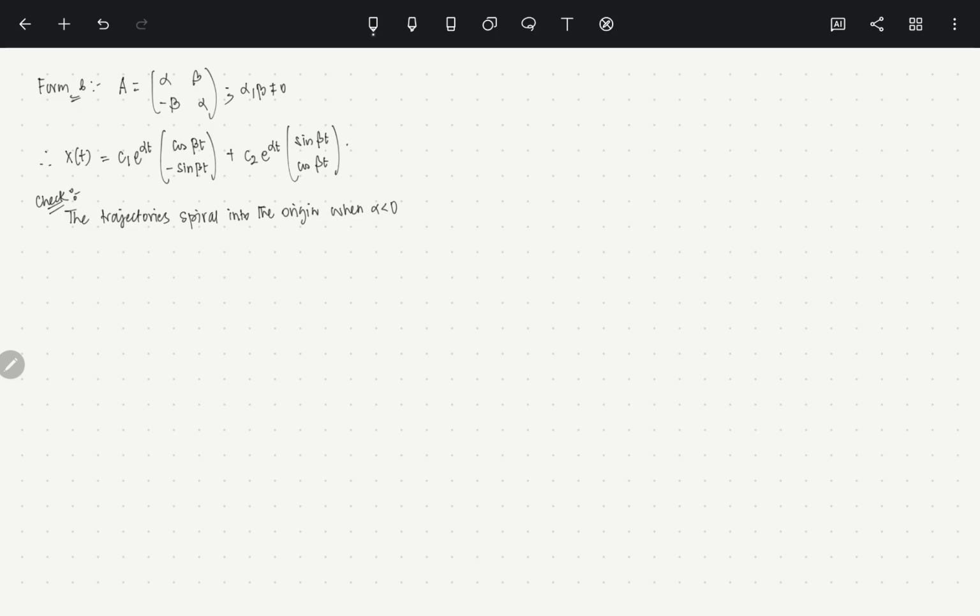You understand that at alpha negative, what is happening is this. Initially, the points are always on the circle. Now here the points will start somewhere here. See, let's say alpha is negative. So as t goes from minus infinity towards infinity, if alpha is negative, they go towards 0.